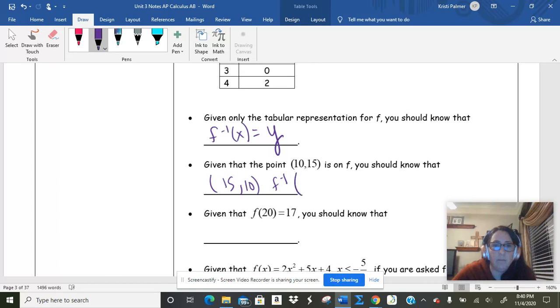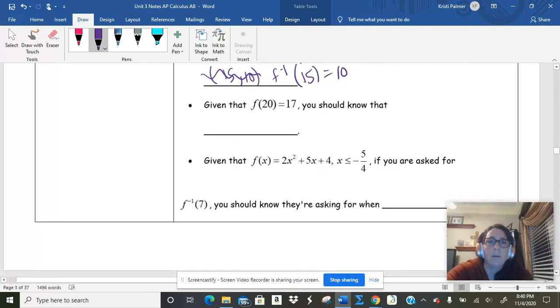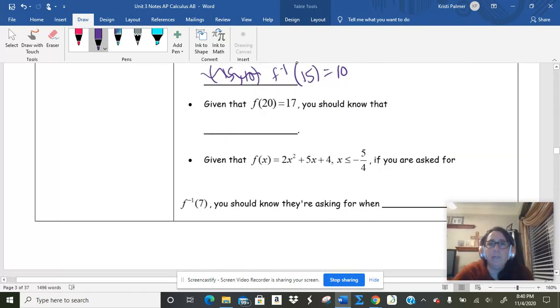So I'd say the inverse of 15 would equal 10, just like f of 10 would equal 15. So it's just another way to see that flip-flop. So here, if I know this, then I know f inverse of 17 equals 20.